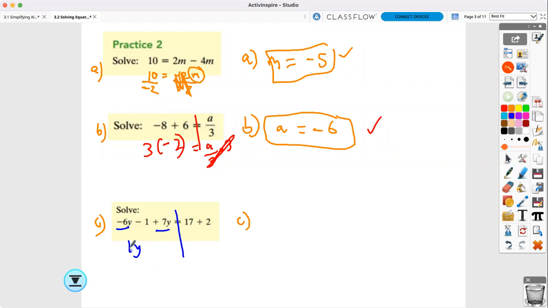Do I have to write the 1 next to the y? No, I don't have to, but I could. Bring down the -1 equals, can I combine 17 and 2? Yes, it's 19. And now how do I get the y by itself? You add the 1 on both sides. Then y equals what? 20. There you go.